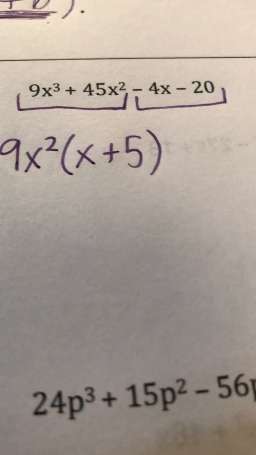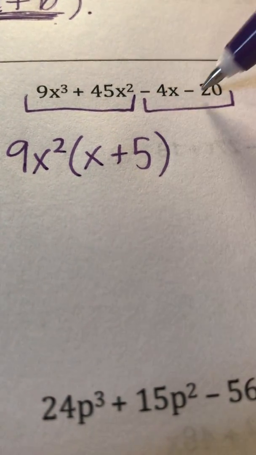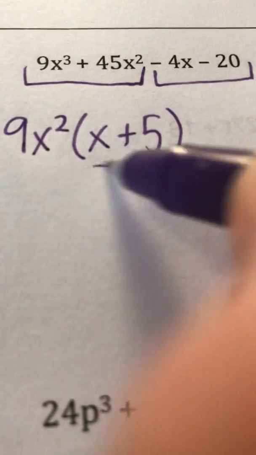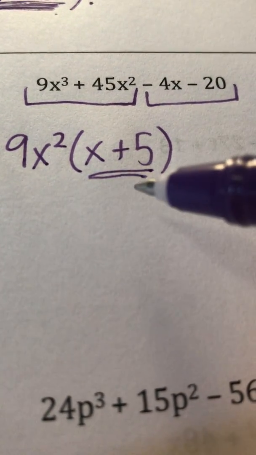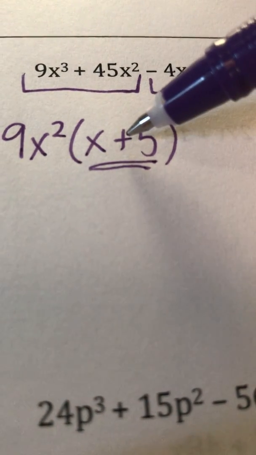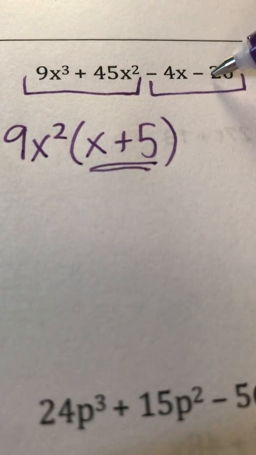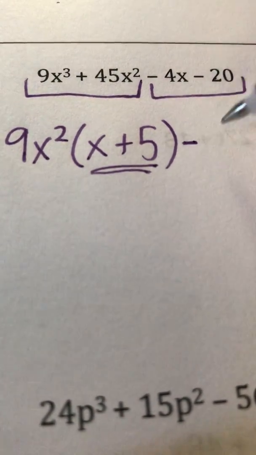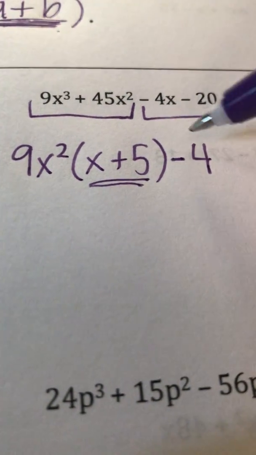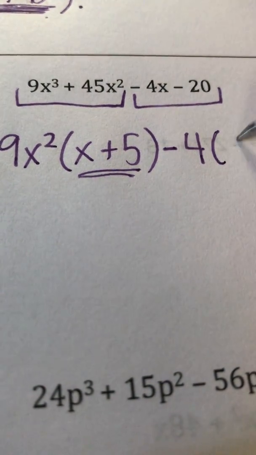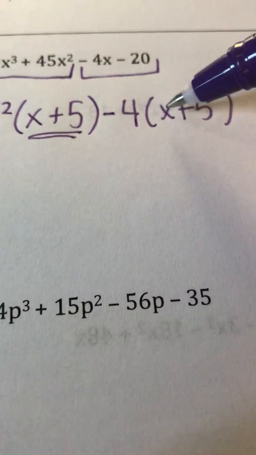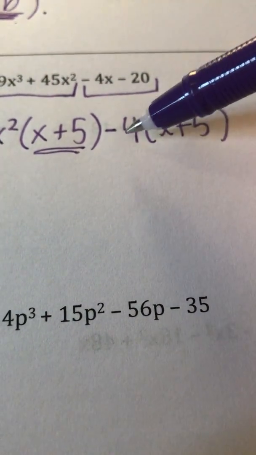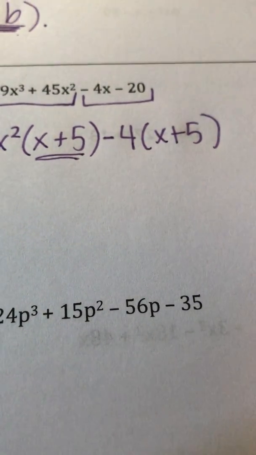Now, this is the tricky part because I notice that there's two negatives over here. I also know that my target, what I want to get in the parentheses, is x plus 5. The only way to have a positive here and two negatives here is to have a negative 4 here. So if I factor out a negative 4, I'm left with x plus 5. Now I can check this. Negative 4 times x is negative 4x. Negative 4 times 5 is negative 20.